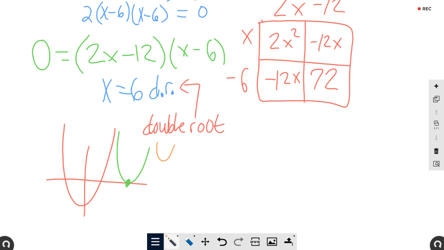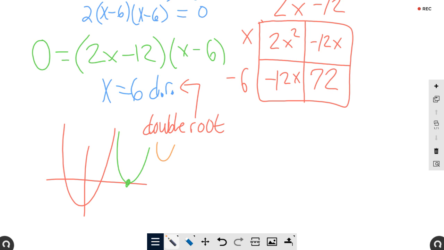It could touch 2 times. It could come down and touch once, or the graph could actually be above and have 0 real answers. So when we are trying to factor a quadratic, if it factors and we get 2 real answers, it'll look like the red graph. We factored here, we got 2 answers, but they happen to be the exact same number. That means it's going to look like the green graph.